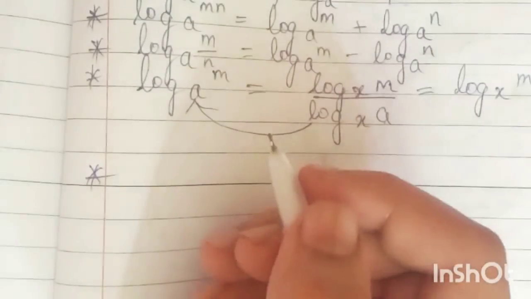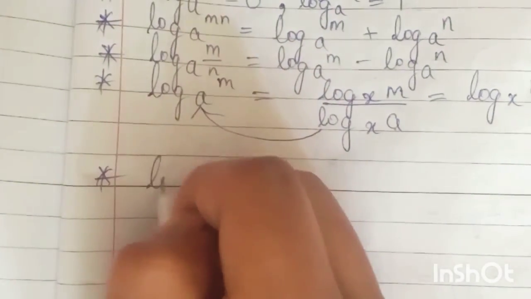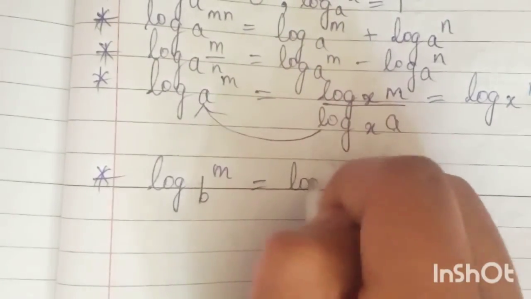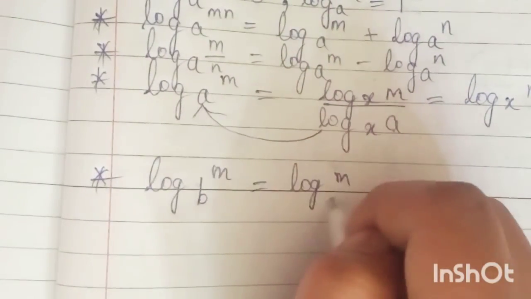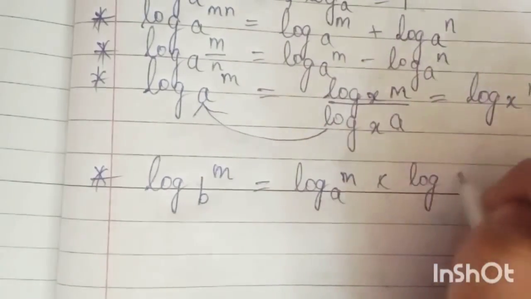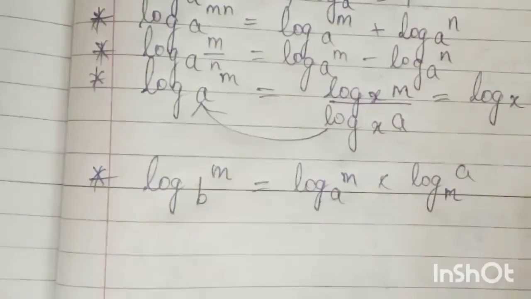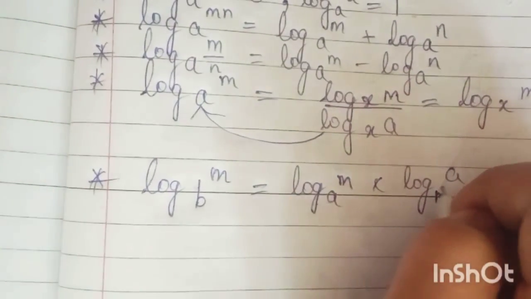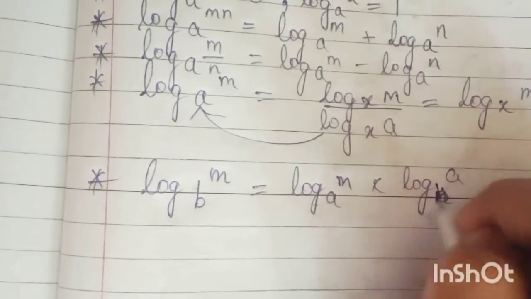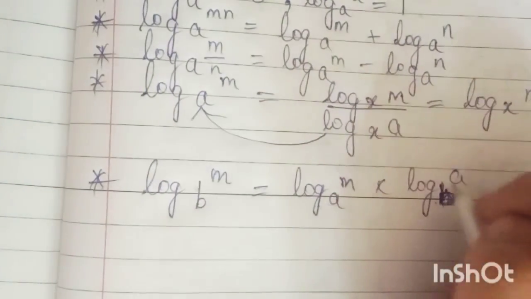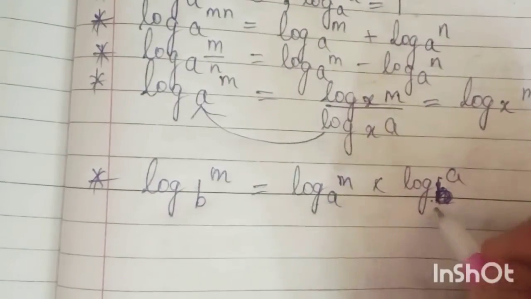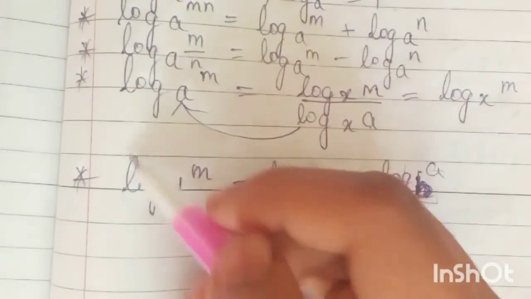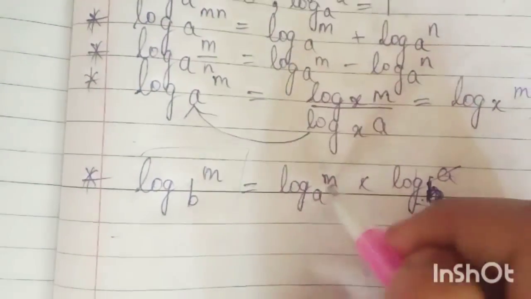Then sixthly, if that is log m to the base b, I can write this as log m to the base a into log a to the base b, because I have changed this into b. This is also base changing only. If I have it like this and I want this one, I can write it like this, because these both will get cut off and I get it.